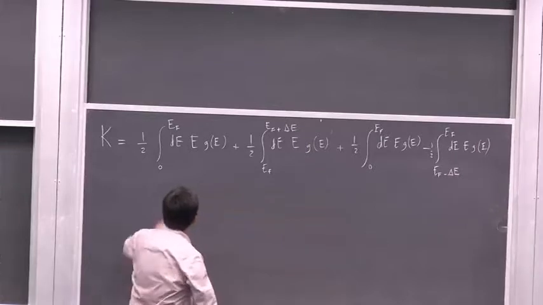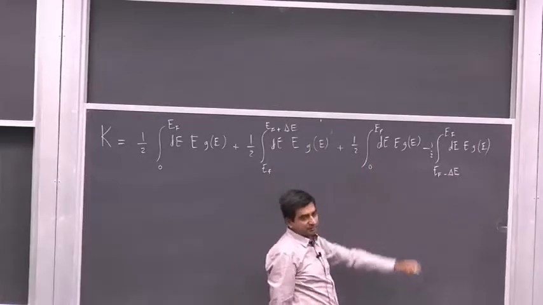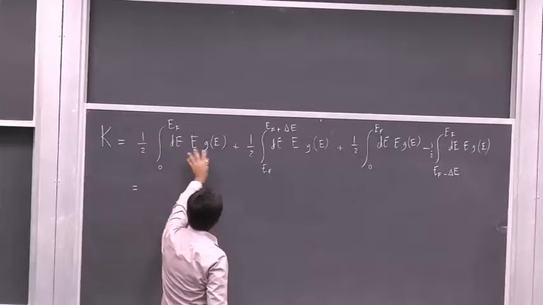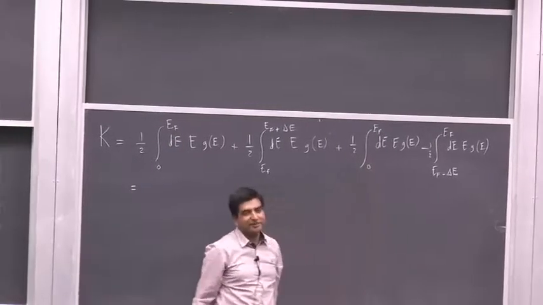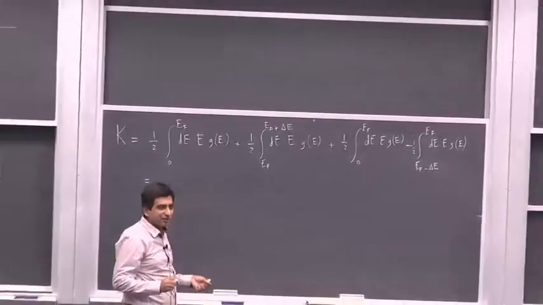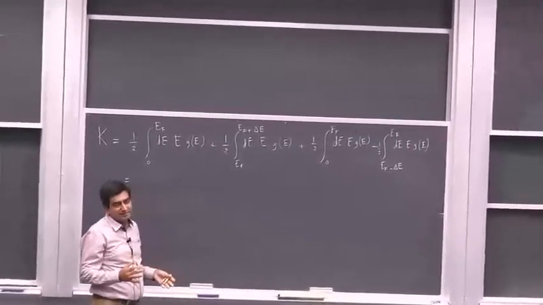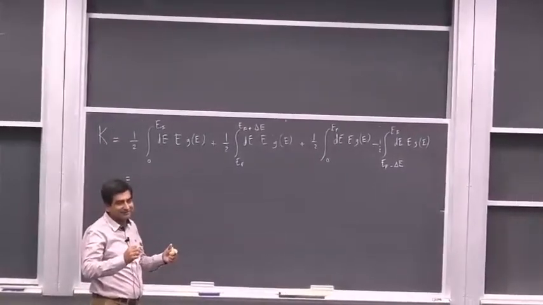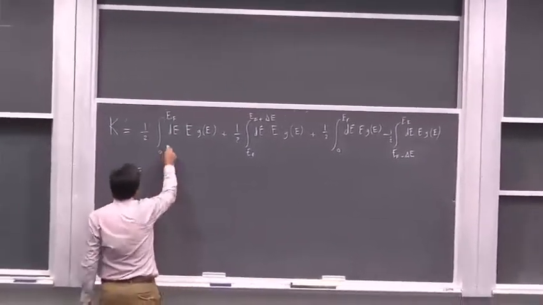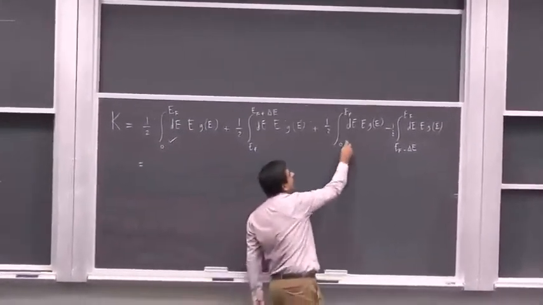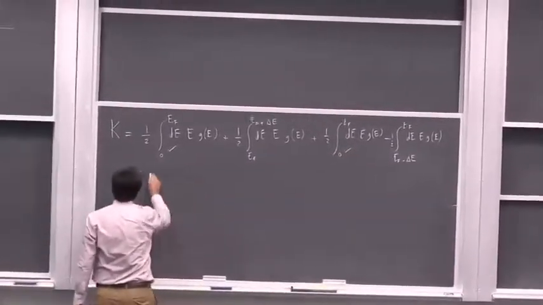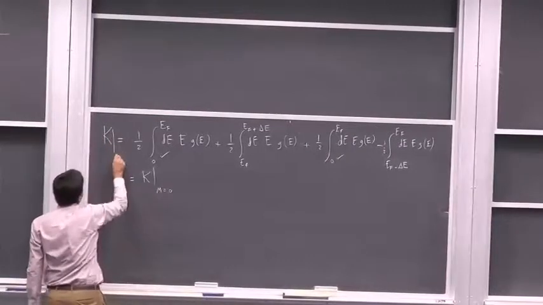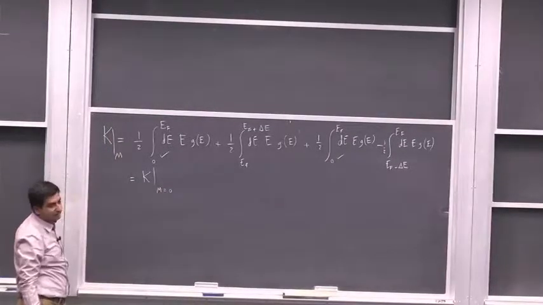Alright, now this is the same as this term. When I add these terms, this term plus this term, I get the energy when the sample is unmagnetized, when there is no delta E. Okay, so I add this term and I add this term to get the kinetic energy when the magnetization is 0. This is the kinetic energy when the sample may be magnetized.